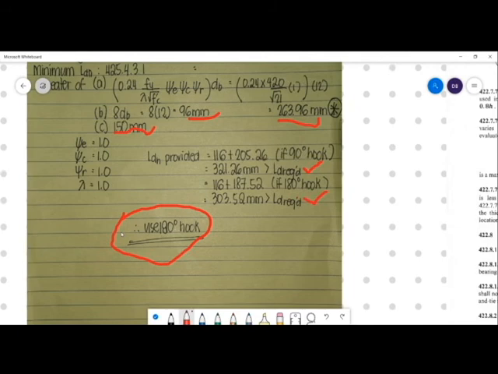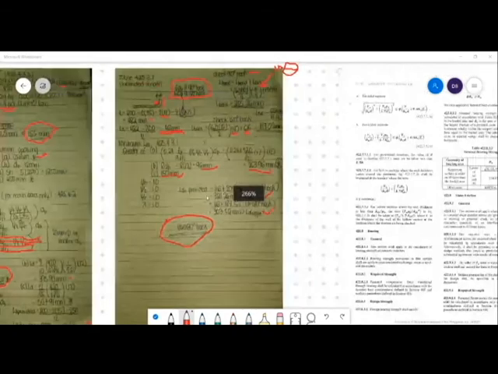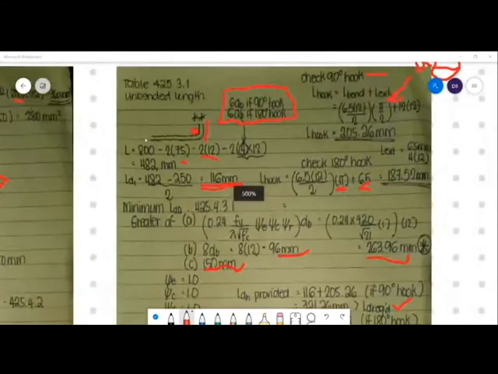So what we will do is bend our main bars into a 180-degree hook like this one, at the end.